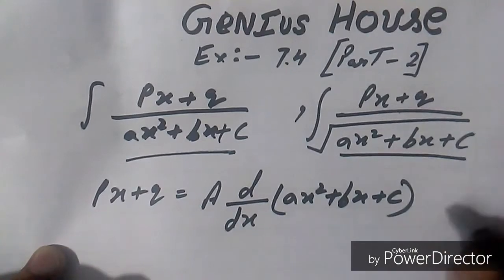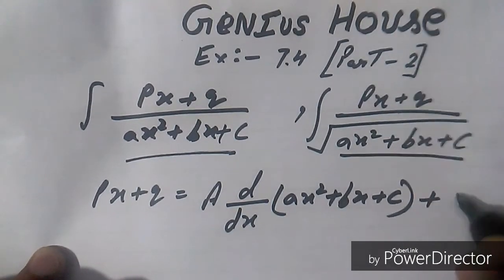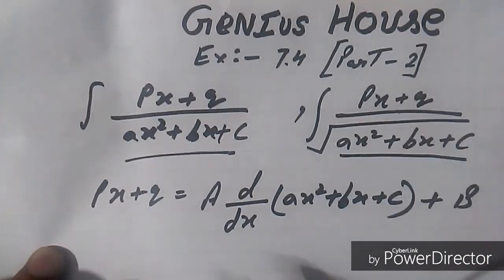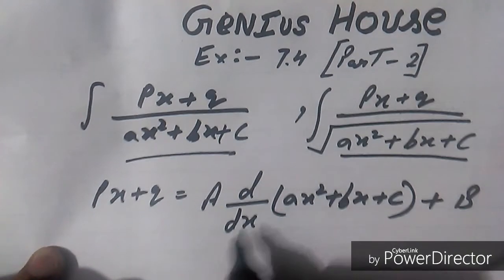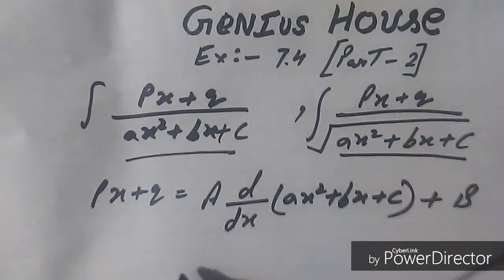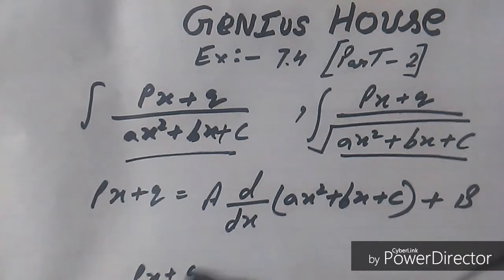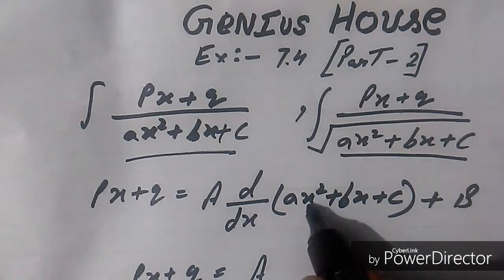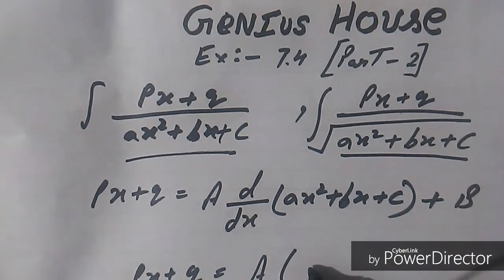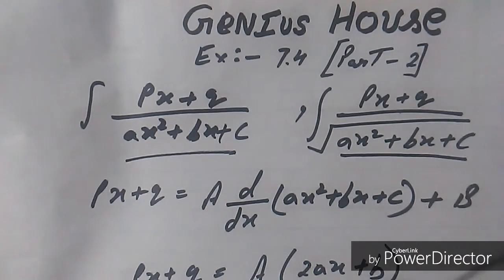Okay friends, plus b. Now we differentiate it: px plus q is equal to a times the derivative of ax square, that is 2ax plus b, and c is a constant, that is 0, plus b.